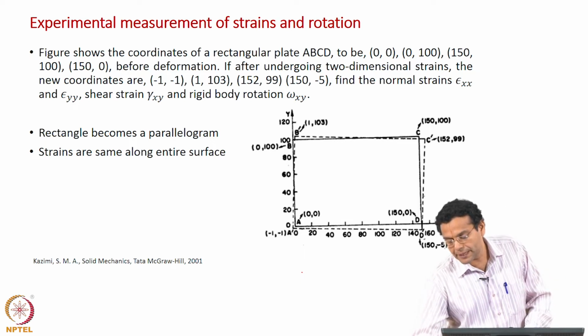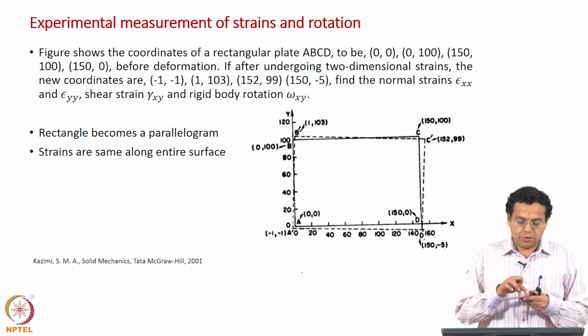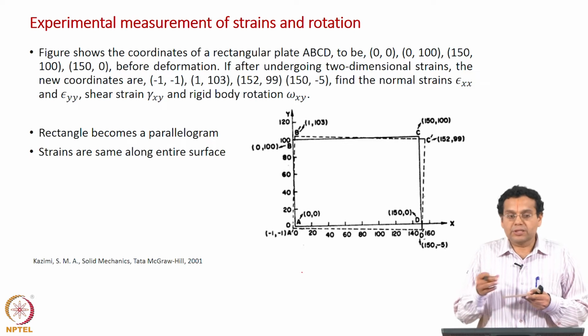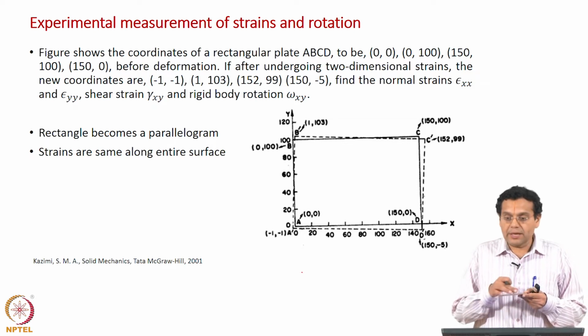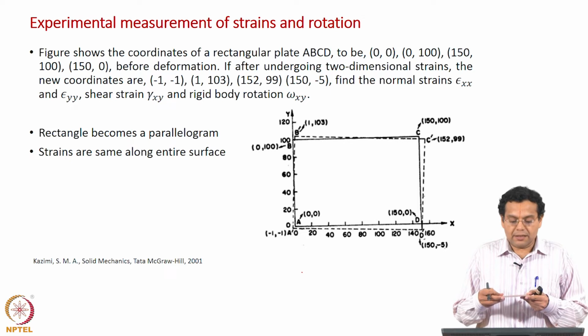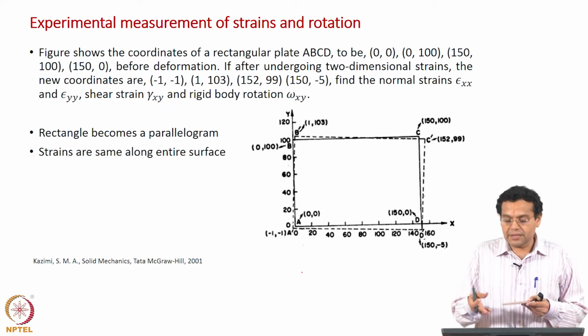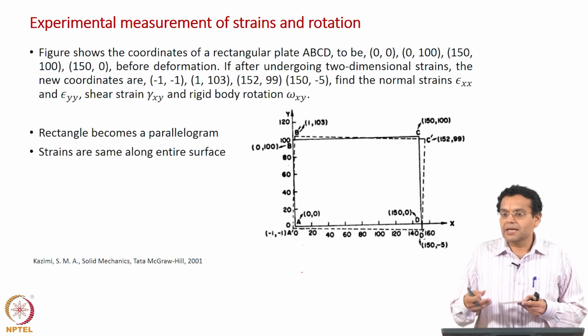You have a plate, and then you mark some points, a force is applied, and then the points get displaced, and we know the coordinates. This example is not new to us, we have already seen when we discussed about 2 dimensional displacement field, displacement gradient.